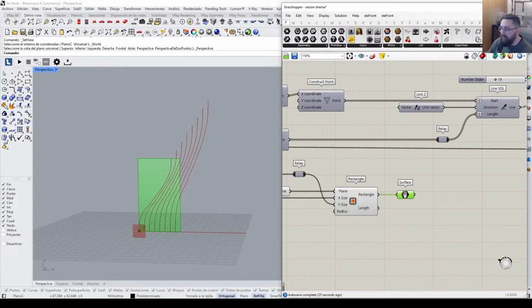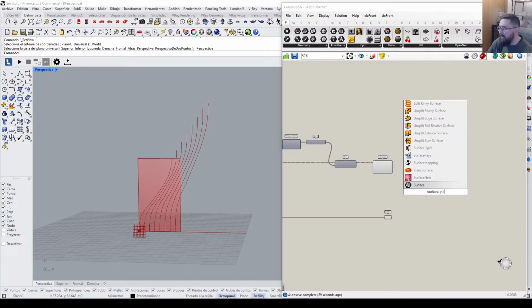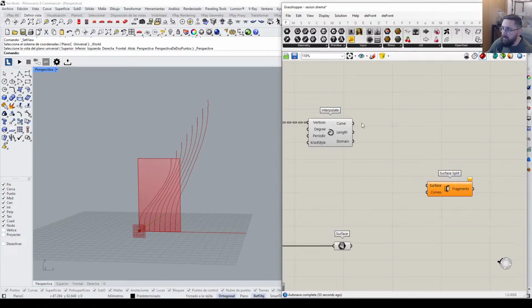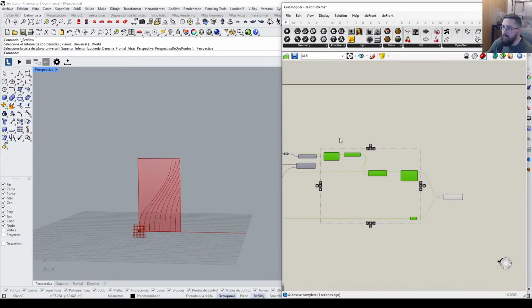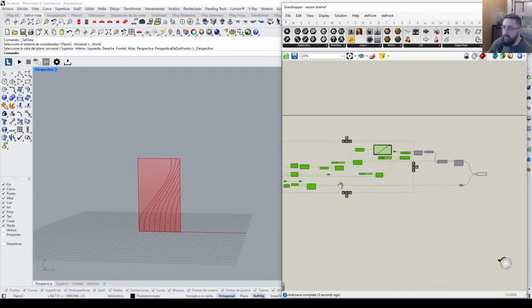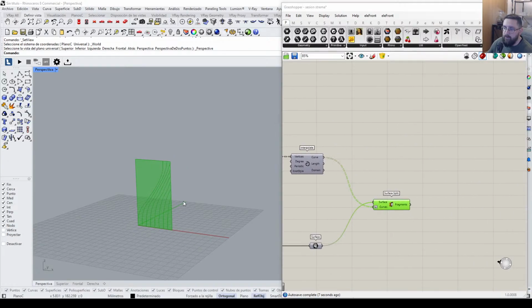This is my surface, and here I'm going to do a surface split. The other way we could have done this is just referencing it, and it might have been a little bit easier, to be honest. Surface split, graph flashing. Turn this off. There we go. Okay, so we have that going on.